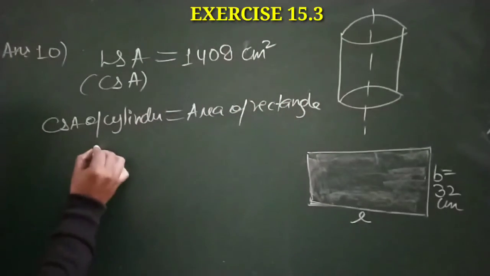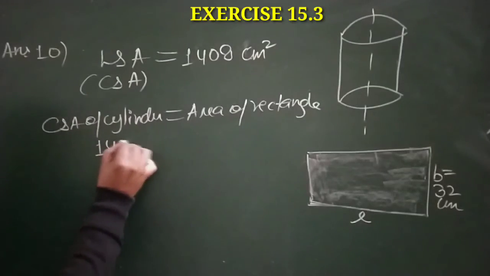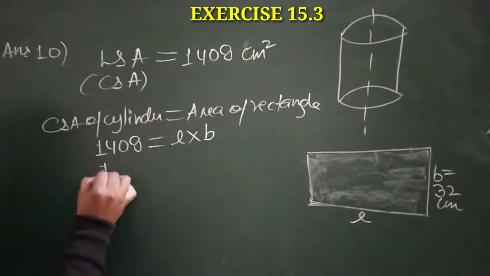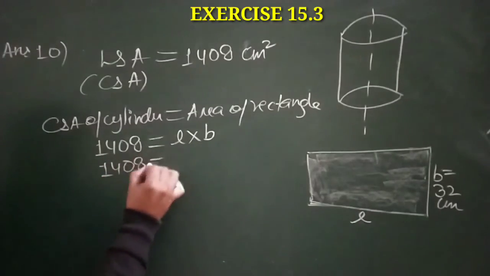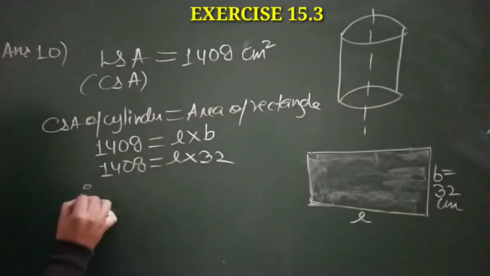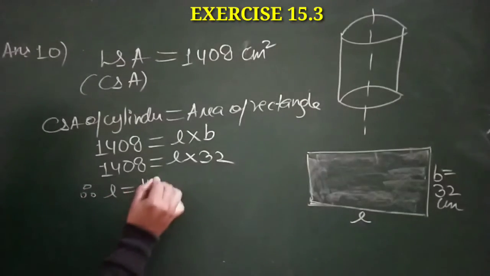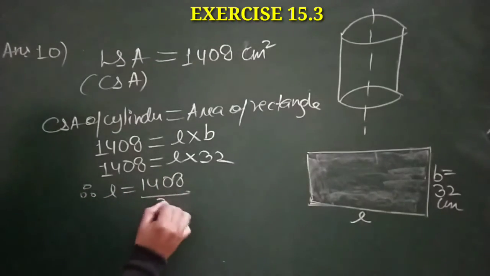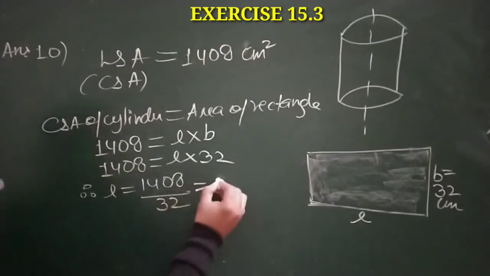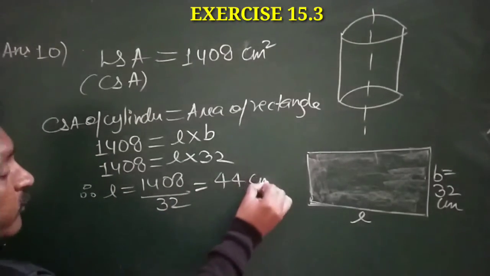CSA of cylinder is 1408. Area of rectangle we all know is L into B. 1408 equals L into B, and B we have is 32. Therefore length will be equal to 1408 upon 32. Now we have to solve it and find the answer. If we divide it, it will come 44 centimeter.